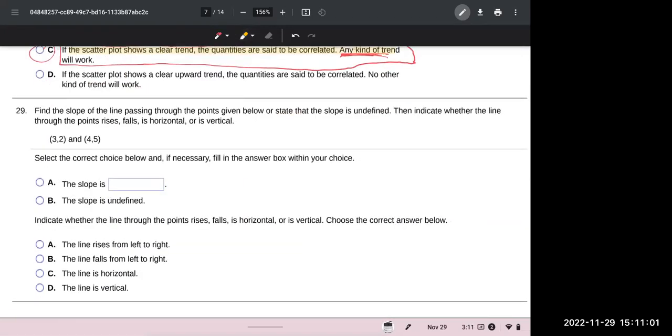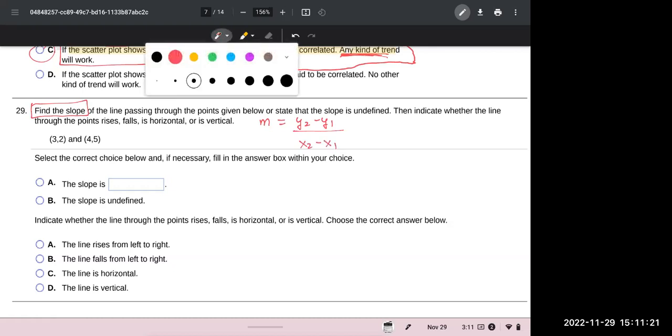Question 29, you have to find the slope. So you want to review the slope formula. M is equal y2 minus y1 divided by x2 minus x1. So this is slope formula.